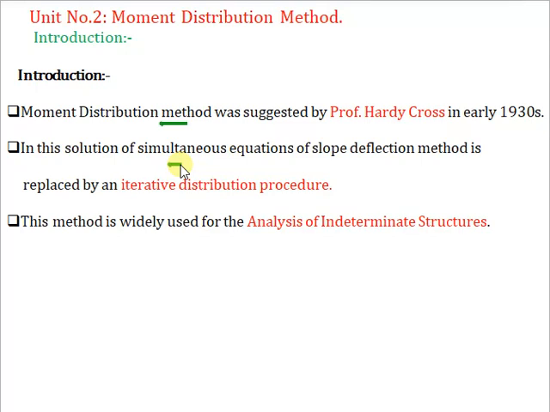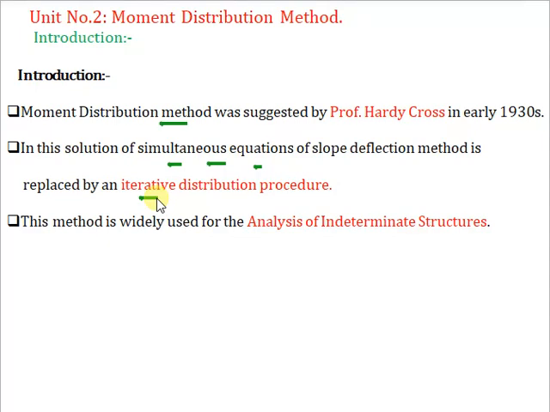In the moment distribution method, now before this we went through the slope deflection method. There we used simultaneous equations. Here those simultaneous equations are replaced by the iterative distribution procedure.